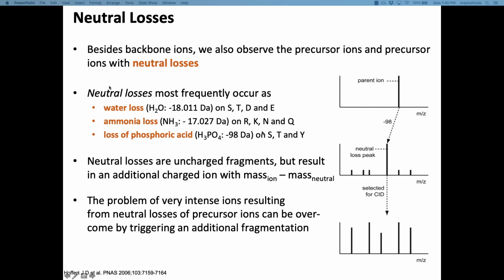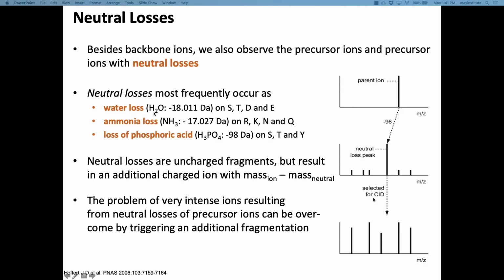Two of them are charged. They have an amino group or ammonium group in the side chain. Yeah, they are, and that is what's falling off. It's not falling off at the backbone. So this can result in additional peaks.